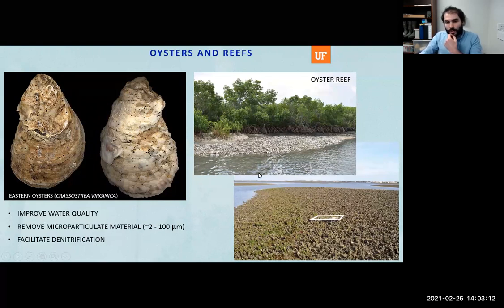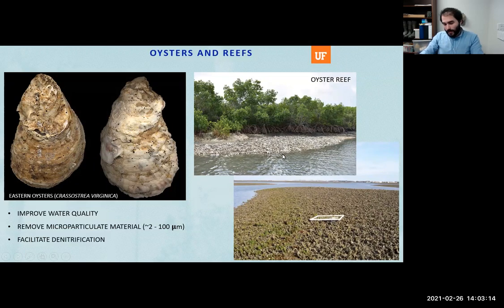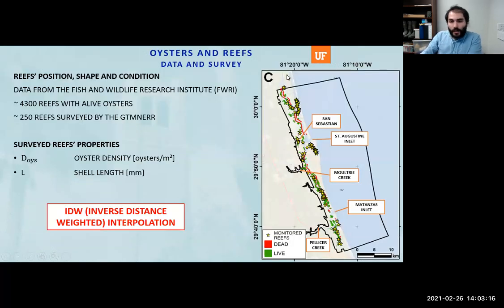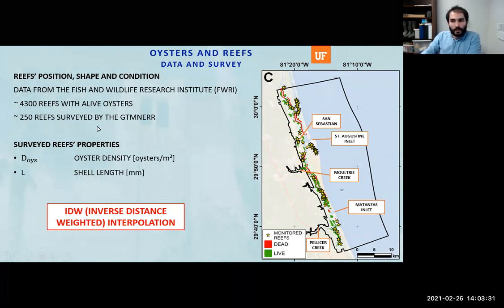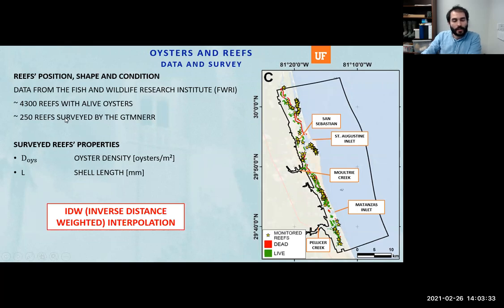We know that these oysters live in reefs, they populate them, and there are a lot of them inside the GTM NERR. Basically, there are 4,300 reefs populated with live oysters inside the area. And what GTM people did was to survey almost 250 of them.